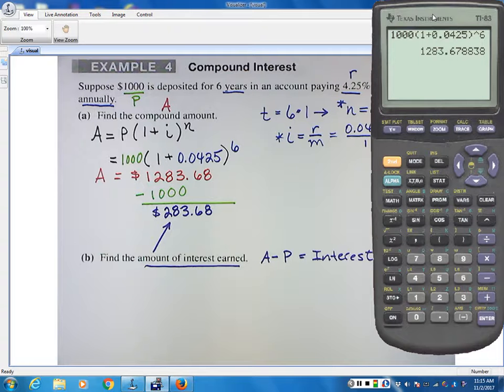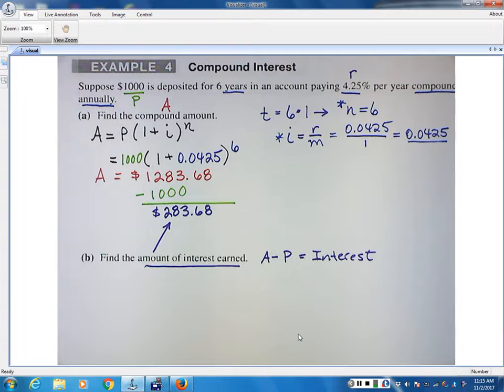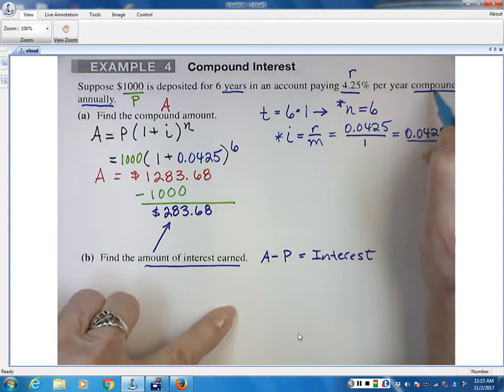Okay, let's play a little what if. I'm going to change one thing. What if I didn't compound annually?